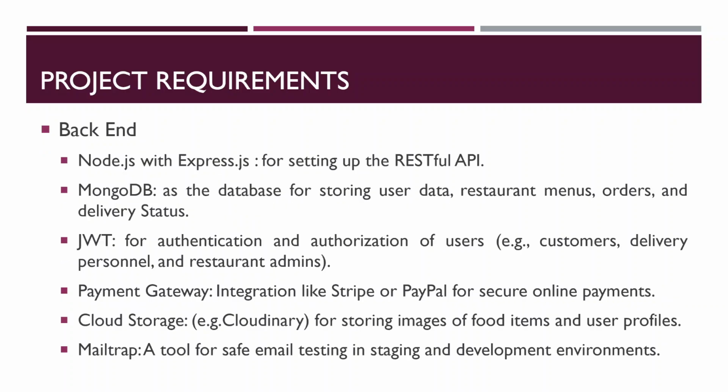When we come to the backend part, we will be using Node.js with Express.js for setting up the RESTful API, MongoDB to store data like user information, restaurant menus, and orders, JWT for securing authentication and authorization, and a payment gateway to integrate with Stripe. Here we are using Stripe, cloud storage for storing images, and Mailtrap for safe mail testing.